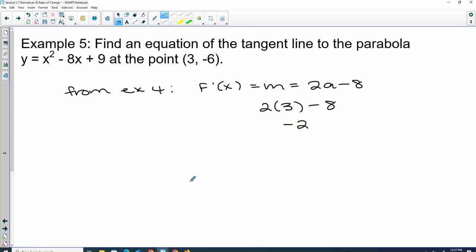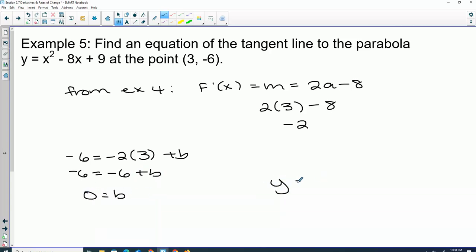So my slope is negative 2. So then we can do y equals mx plus b. So the y-intercept is 0. My equation is just y equals negative 2x.